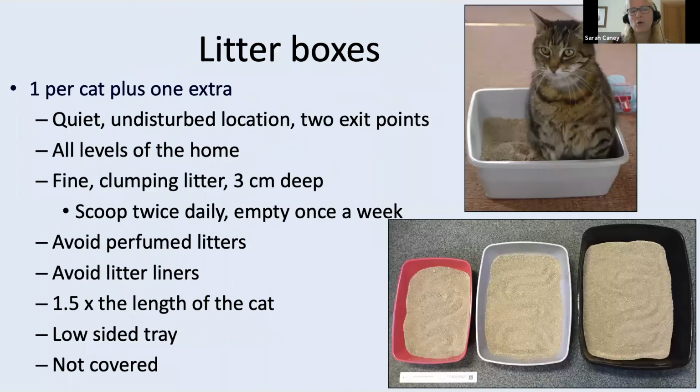We'll talk more about litter boxes in two weeks' time when there's a presentation about periuria, urination outside the litter box. But just very briefly here, of course, it is relevant to these cases as well. So in general, the cat's preference for a litter tray is firstly that it's big in size, ideally 1.5 times the length of the cat if you measure it from their nose to the base of their tail.